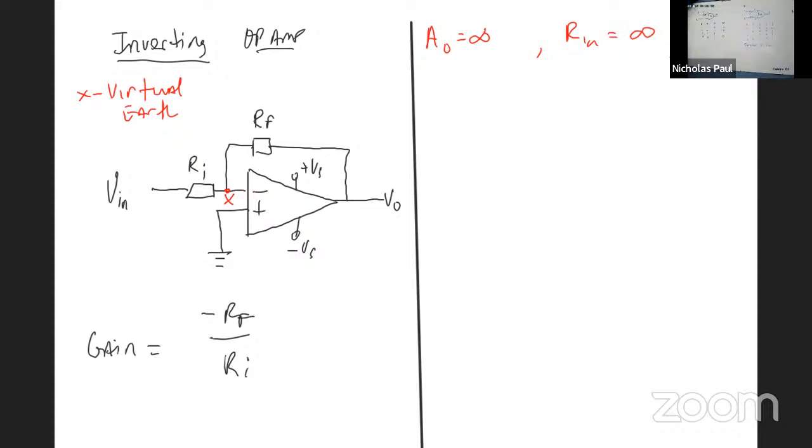It's a 0-volt point. The resistance here is really, really high, that's an assumption of the op amp. Because it's so high, no current will flow here, so that X point is 0 volts. We call it virtual Earth. It's not a real Earth. Real Earth is like this. That connection means that that point is really Earth.